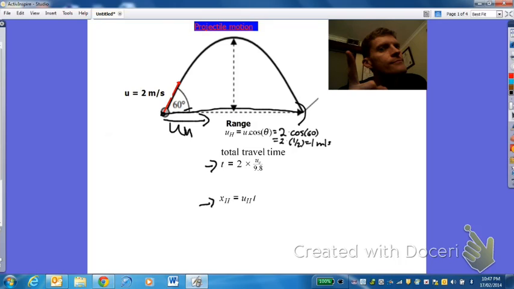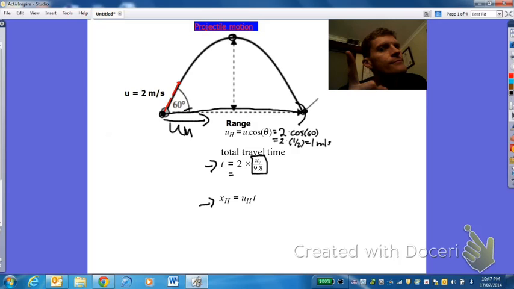Total travel time is the time it takes from the start to the end of its journey, and that's always twice the time it takes from the start up to the maximum height. So what we worked out before, our maximum height was reached in a time given by this term.